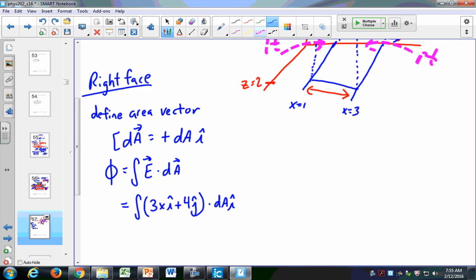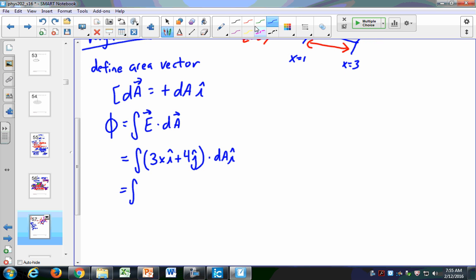Now, before we can do the integral, we want to do the dot product first. So I can do this dot product. I'm going to have two terms. I'll go ahead and write it out on this one, but I won't write it out on the next ones. It's going to look like this. I'll have 3x dA i dot i plus 4 dA j dot i.